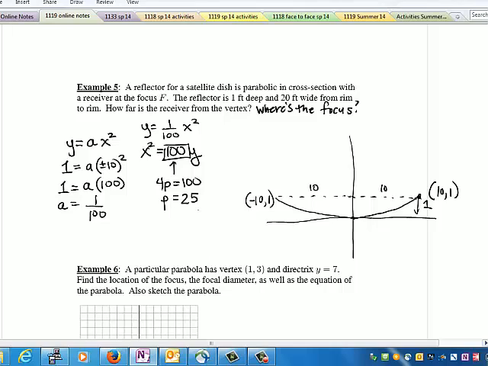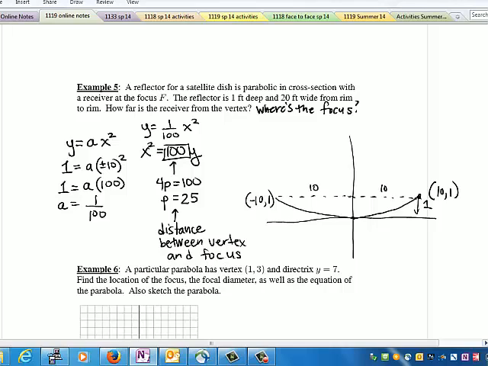And p tells us the distance between the vertex and the focus, which is what we're looking for here. The question was, how far is the receiver from the vertex? And we're told that the receiver is at the focus.